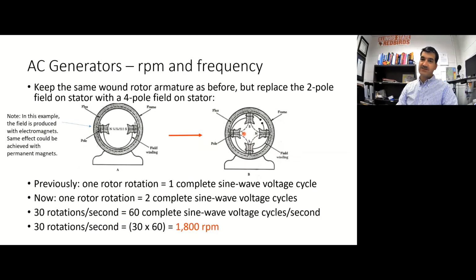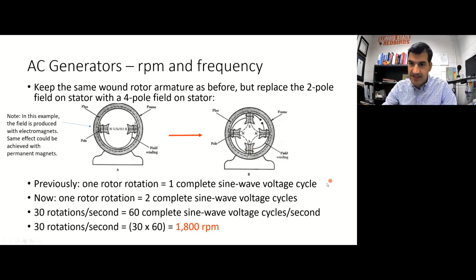So what that's going to give us is, instead of just one complete sinusoid for every one physical rotation of the rotor, now we're going to get two complete sinusoids for every one physical rotation of the rotor, all right? Why? Because I've got two more magnetic poles on the magnetic field. So twice as many magnetic poles on the magnetic field.